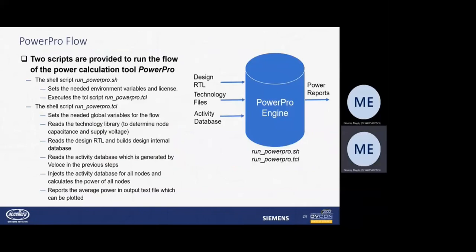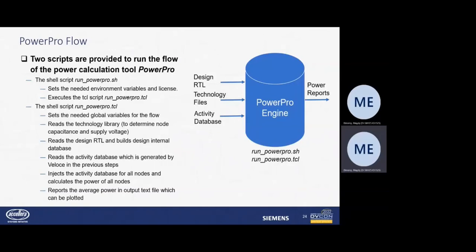As we said repeatedly in the slides, we need to take this activity into a power engine or a power tool, which can give us the real power in watts. In our case, this tool is called PowerPro, and it is a tool provided by Siemens EDA.